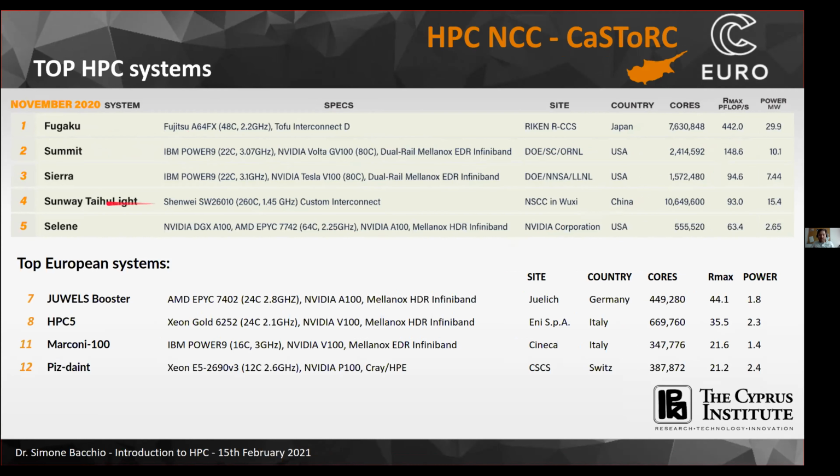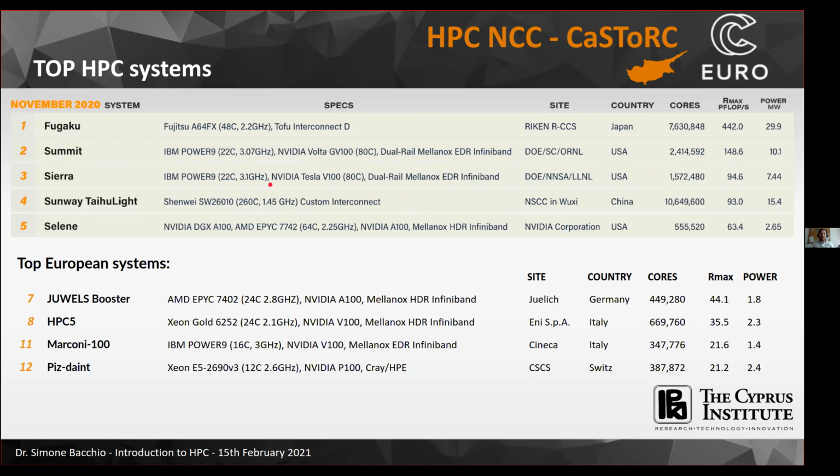Let's take another system made only of CPUs, like one in China. You can see that this system has a maximum performance of 93 petaflops. It compares, with the same performance, to the Sierra system in the USA, where though the number of cores is 10 times less. Why is the number of cores 10 times less?